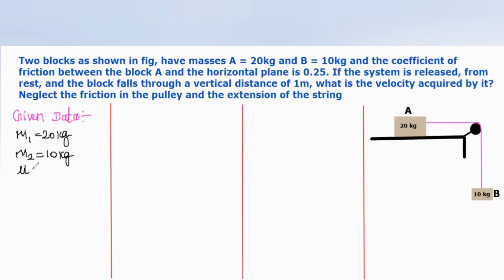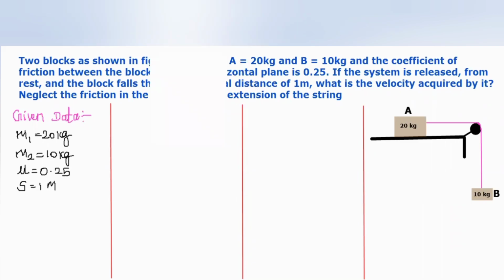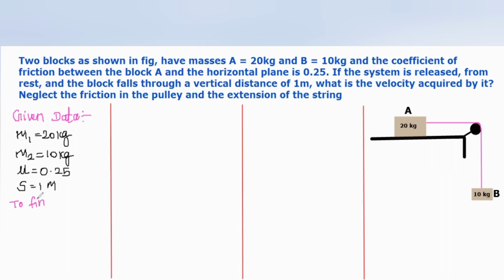The coefficient of friction between the horizontal plane and the object is 0.25. The vertical distance through which the object B is going to fall from its initial position is equal to 1 meter. Then we are going to find the velocity at s equal to 1 meter. This we are going to find.